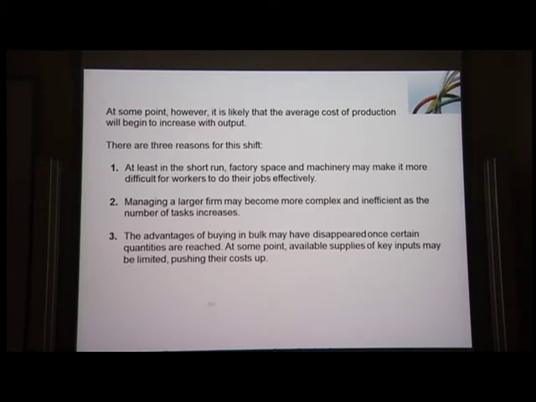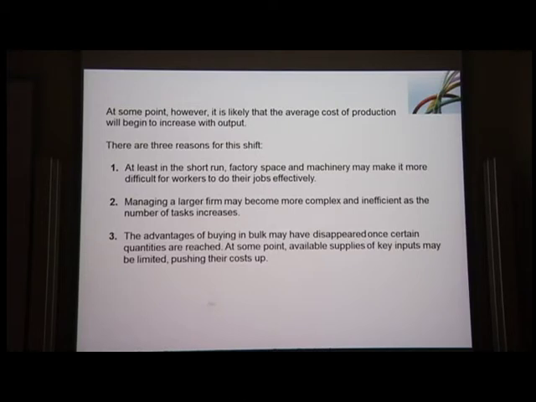Then also, we mentioned in point 3, when we looked at the economies of scale, buying in bulk might have its advantages, but at some point, if you buy in bulk, there's limited supply. Sometimes the input that you need, the raw material or skilled labor, is in limited supply in the country, and demand is exceeding supply.